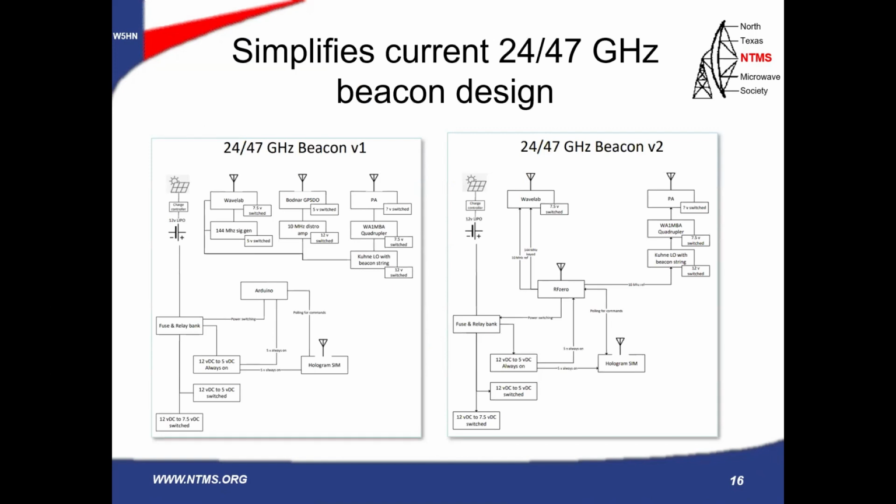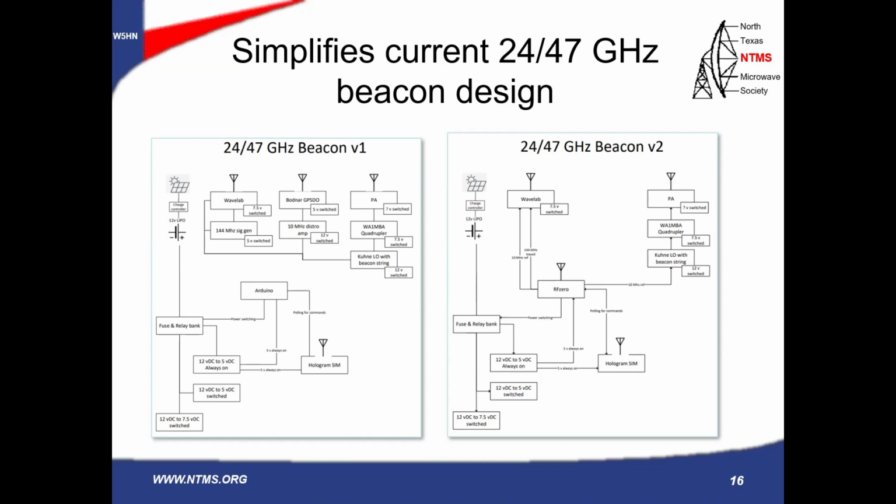then it simplifies this beacon design, because here's where we're at with the beacon 24 and 47. On the left is where it sits today. That's what I expect to have to do. On the right side you see that the part count goes quite a bit down. Everything's centered around this RF0 in the middle of that plot, because it has the GPS and it has the 10 megahertz ref.